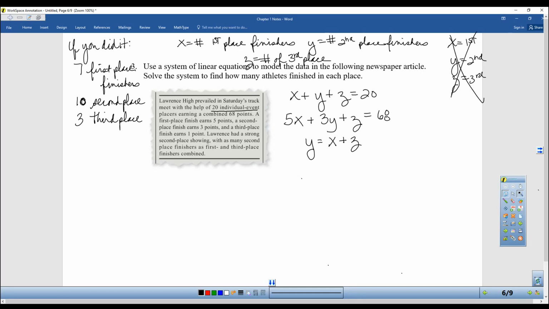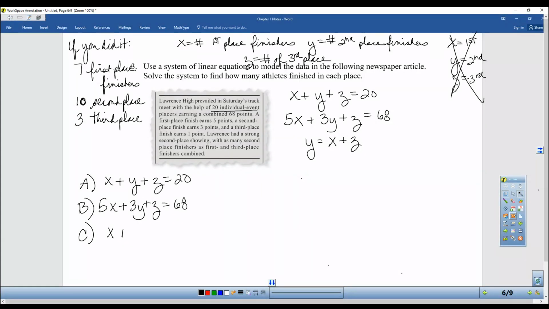So interestingly, this is really close to being set up in the traditional way, where you have A, and then you have B, 5x plus 3y plus z is equal to 68. And then you could even alter this so that it looked just like the others.